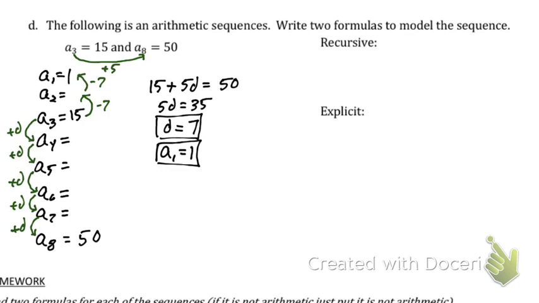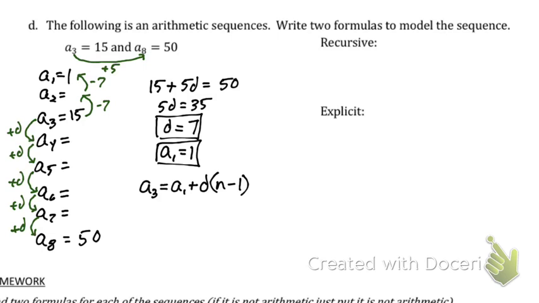Here's the other method to figure out what your first term is. We can come up with a generic formula, i.e., a sub 3 needs to equal my first term plus my common difference times n minus 1. That is just our explicit formula with the only value I plugged in is a sub 3.